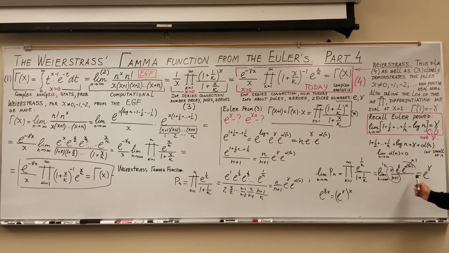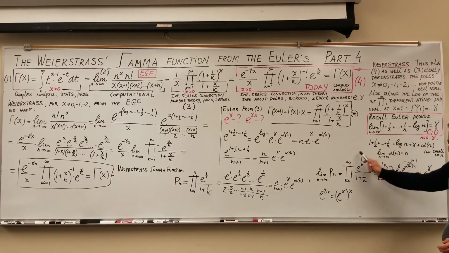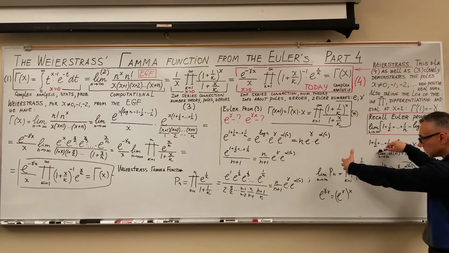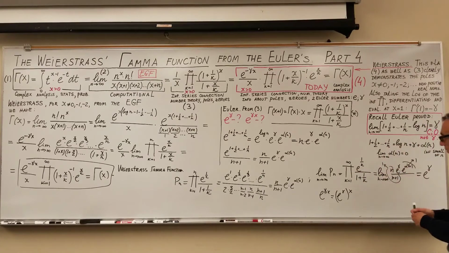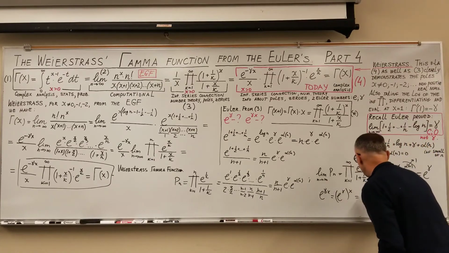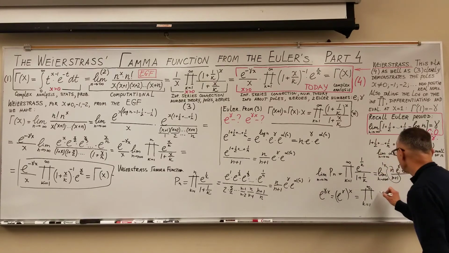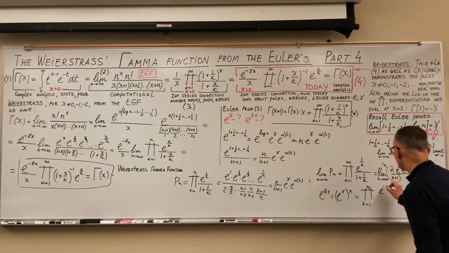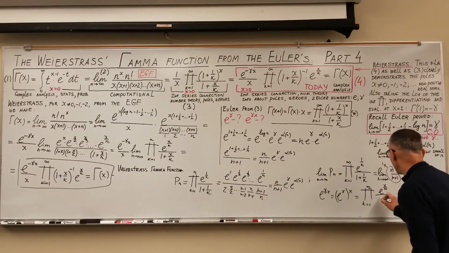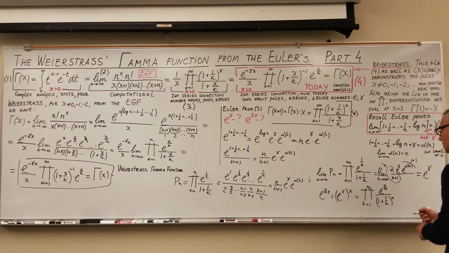So e to the gamma is equal to this infinite product raised to the power of x, which means that every term will be raised to the power of x. Simply an infinite product, k runs from 1 to infinity, of e to the power x over k, over 1 plus 1 over k, to the power of x.